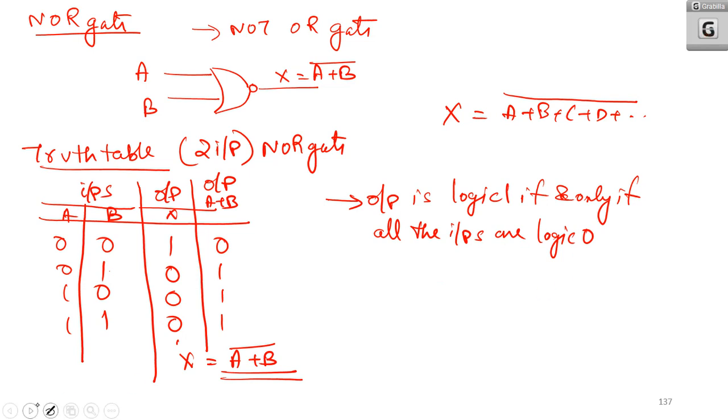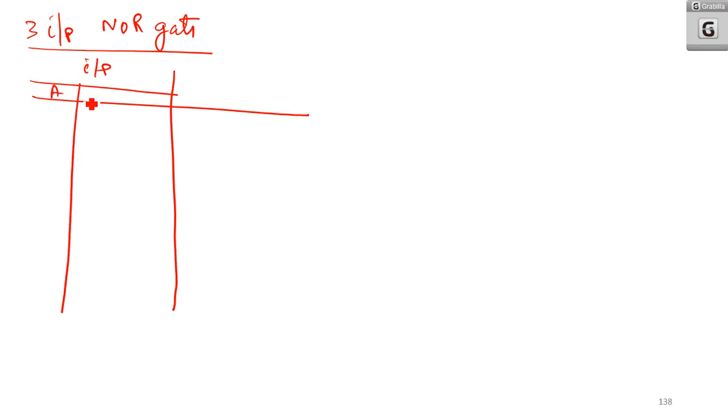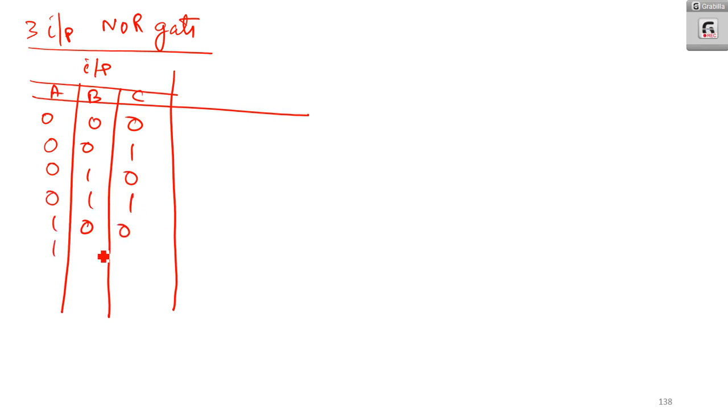Now if I am giving an example of a 3 input NOR gate, then I can draw the truth table like this: input is A, B and C is 0 0 0, 0 0 1, 0 1 0, 0 1 1, 1 0 0, 1 0 1, 1 1 0 and 1 1 1.